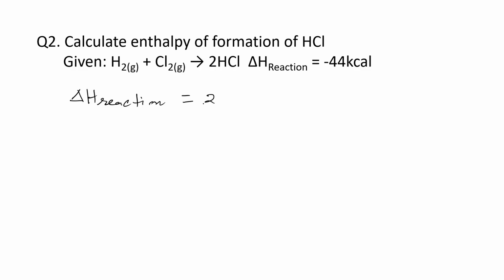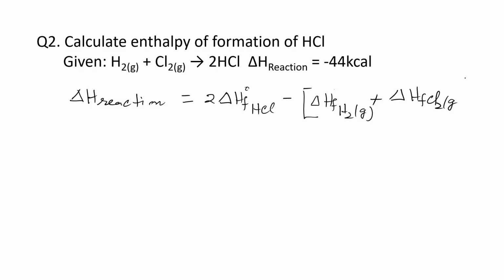That means 2 moles of HCl is formed, so 2 into delta HF, formation of hydrogen chloride, minus delta HF, formation of your hydrogen gas, plus delta HF, that is formation of chlorine gas.